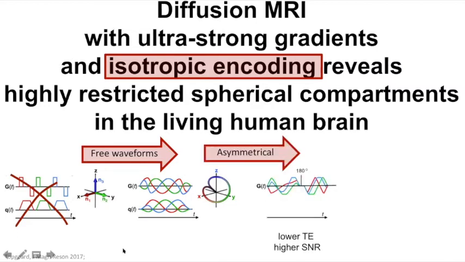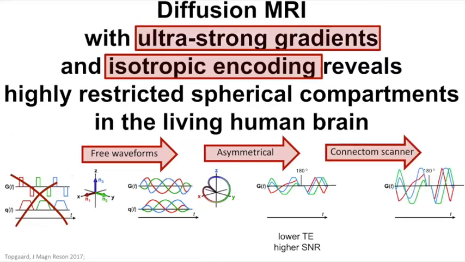We also adopted asymmetrical waveforms, which allow you to shorten the second part after the 180-degree pulse, so that if you have your EPI readout here, you can squeeze that a little bit so that the echo time becomes shorter, which means higher SNR. With the strong gradients, we could go up much higher in gradient strength, and so higher in B value. We also wanted to look beyond the white matter, at other tissue types in the brain, such as gray matter and the cerebellum.